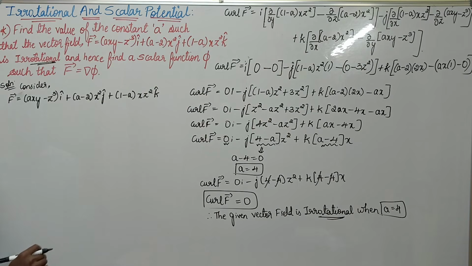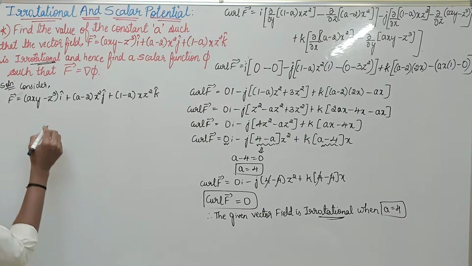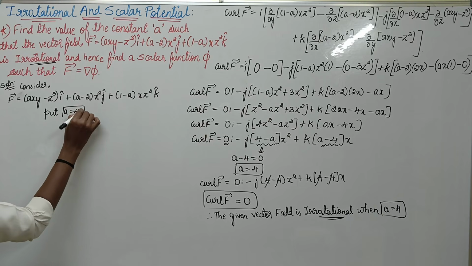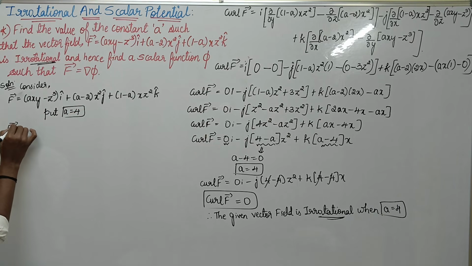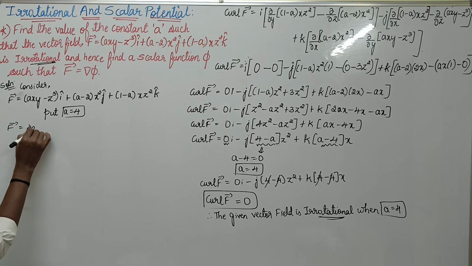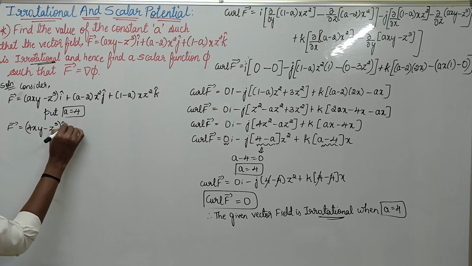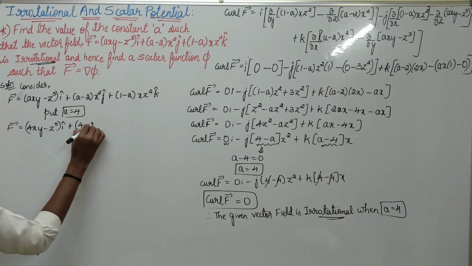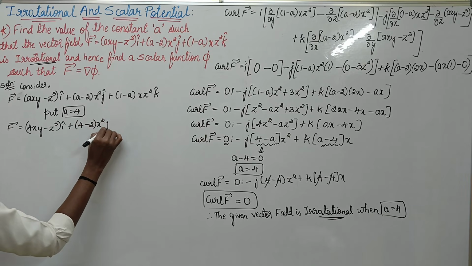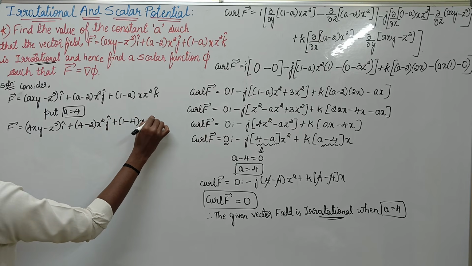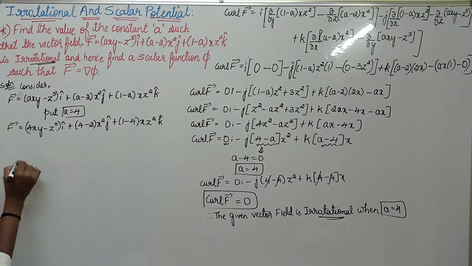Now I need to apply the value of a, that is, put a equal to 4. When a equal to 4, vector f is equal to 4xy minus z cube i cap plus 4 minus 2 x square j cap plus 1 minus 4 x z square k cap.